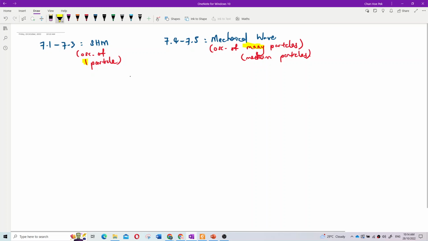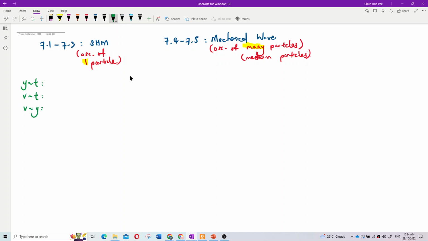So last time we have all these equations. For example, you have the y versus time equation, the velocity time equation, the velocity versus displacement equation, the acceleration time equation, the acceleration versus displacement equation, the potential energy versus displacement, the kinetic energy versus displacement, and the total energy versus displacement equation.